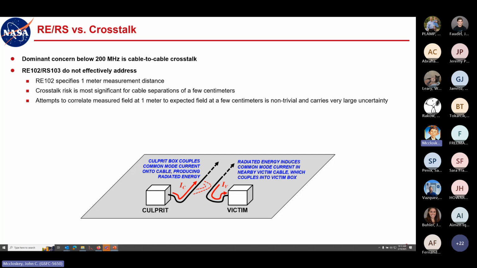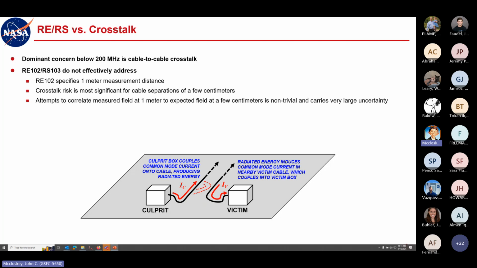Any of the stuff that you hear about, scaling it as 1 over r, 1 over r squared, 1 over r cubed, that's making a lot of drastic assumptions that are very inaccurate. The traditional equations for a Hertzian dipole assume that you're dealing with a point source.